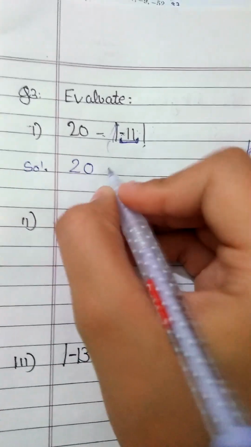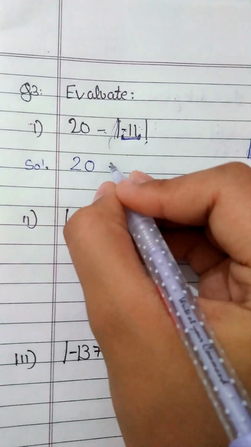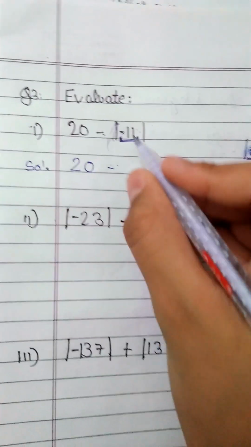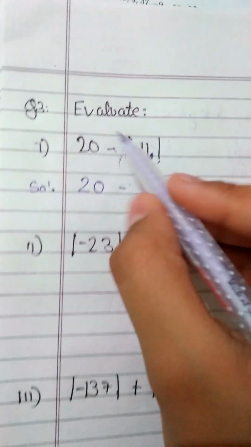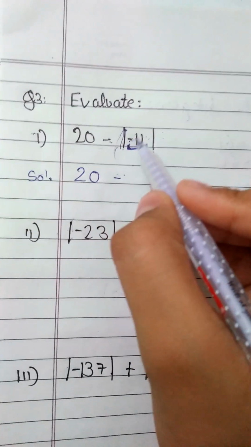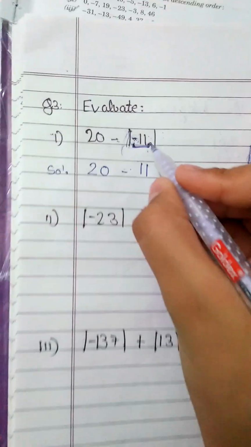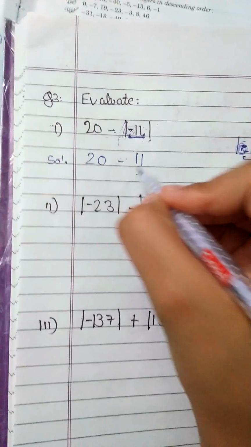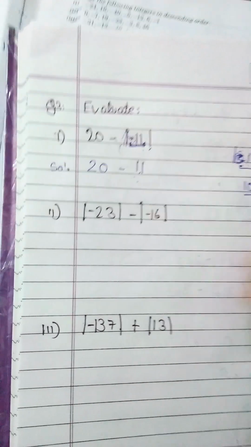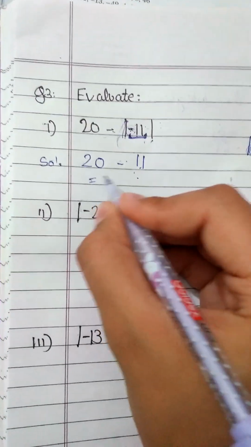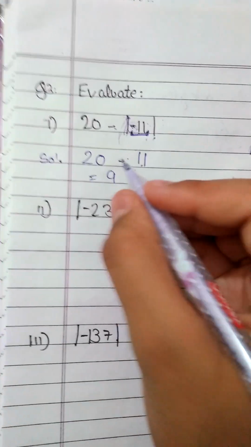That is minus 11. Firstly we denote the minus outside the bracket, not the inner minus. So the minus 11 will become 11. So the answer is 9, just 9.